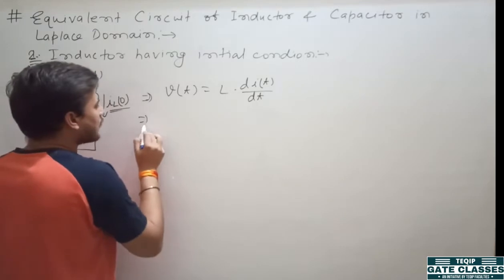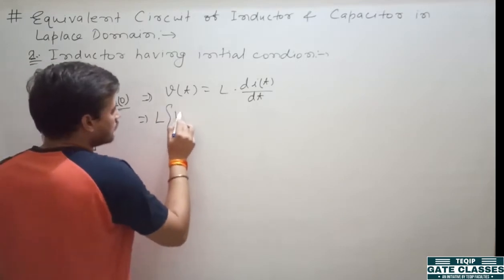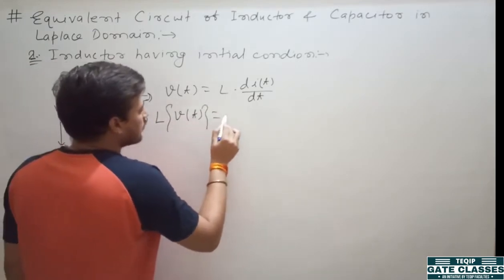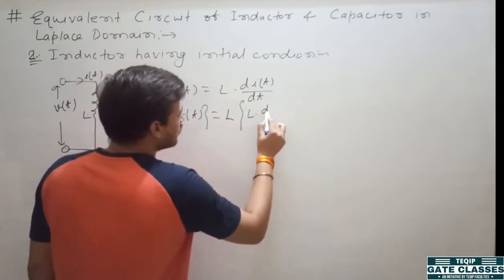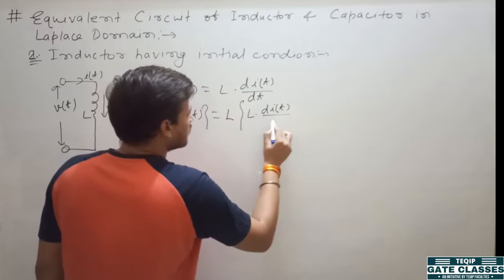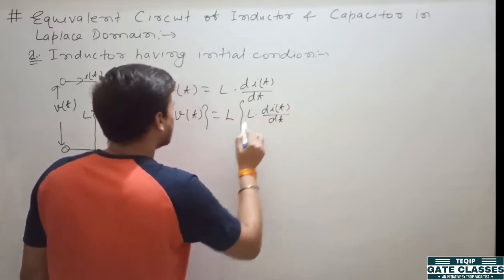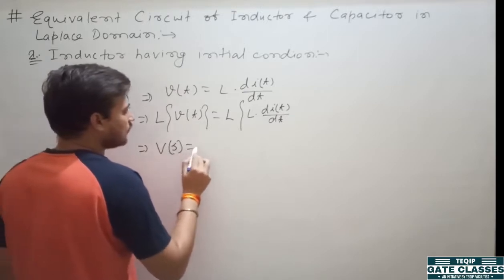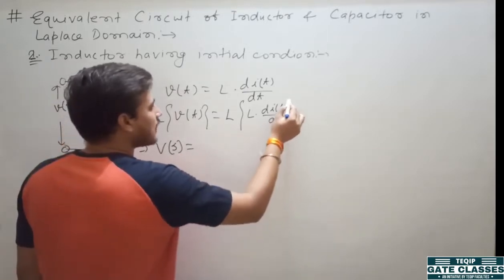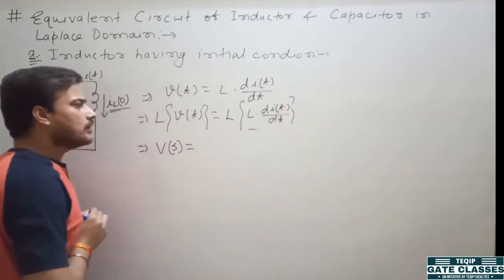Now let us take Laplace on both sides. The Laplace of Vt will be nothing but Vs, which will be equal to the Laplace of L into di upon dt.